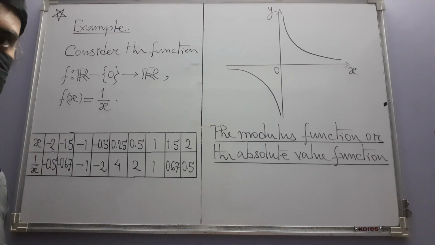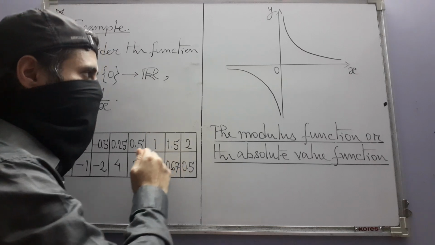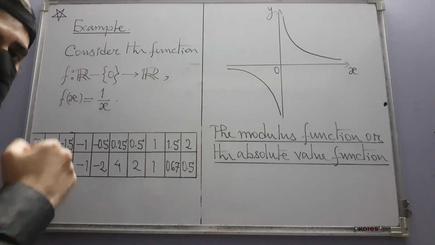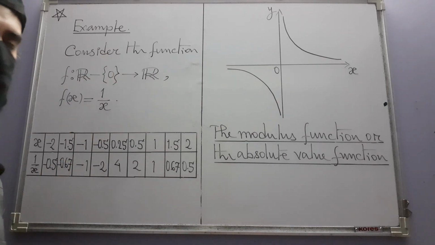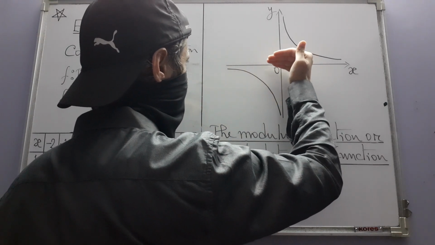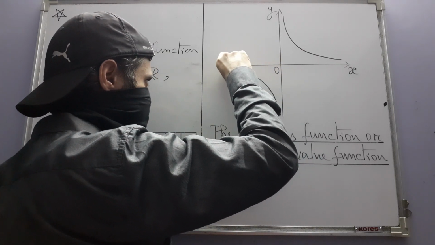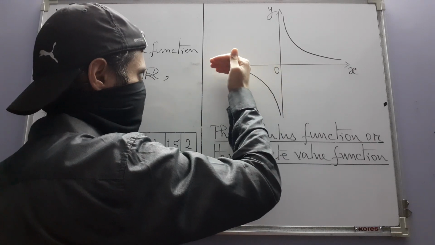If you ignore the negative sign, x is increasing in size. 1 over x is also negative. If you ignore the negative sign, here also it's decreasing. So as you go away from the origin, the y value will be smaller and smaller and smaller. So the graph goes up.